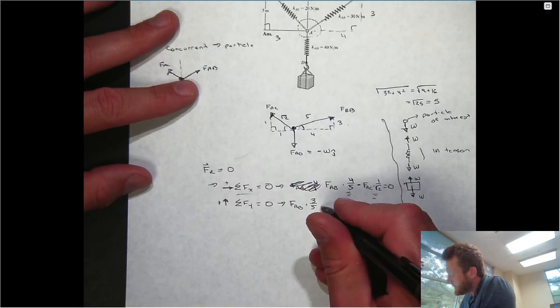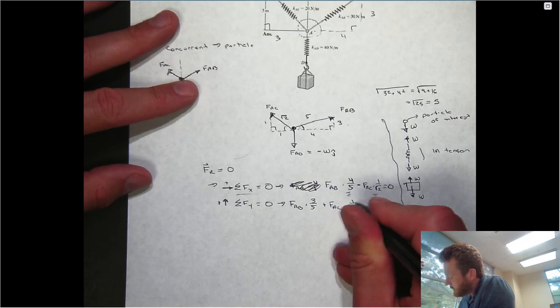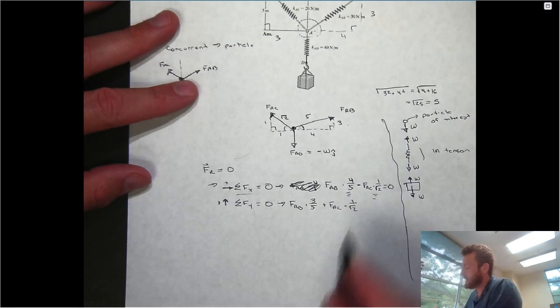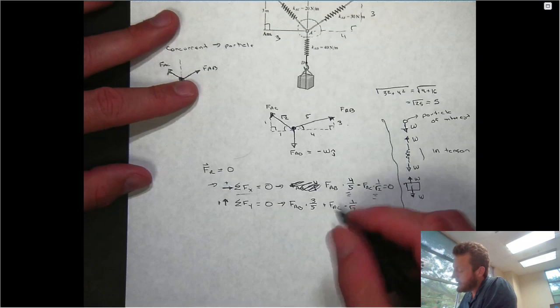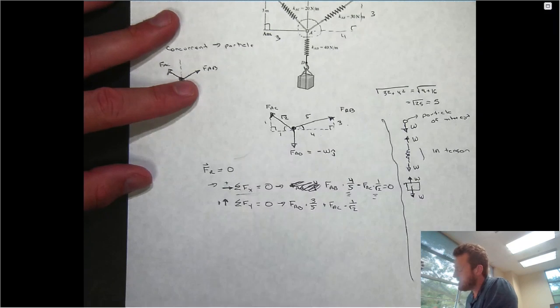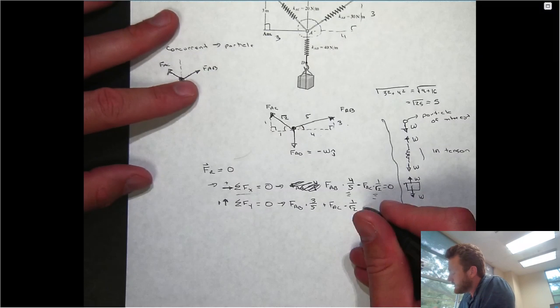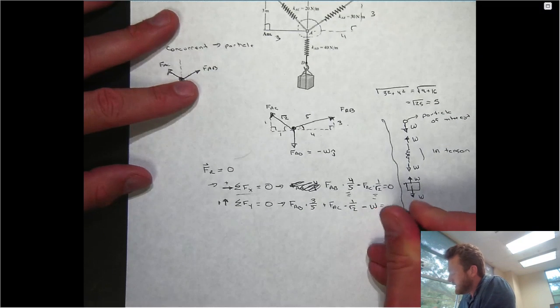And FAC, which is just going to be 1 over root 2 again, 45-degree angle, so not surprising, the x and y component are the same. Notice that the y component of FAC is up versus the x component was negative because it was left. And in the downward direction, we're going to have minus w, and that will be equal to 0.